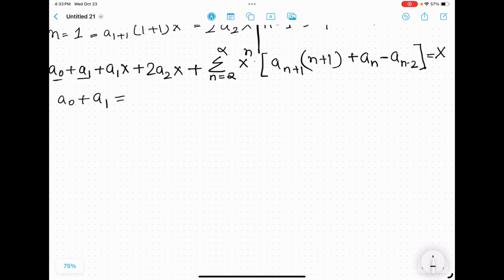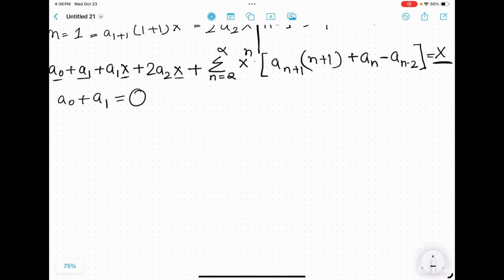Now we are going to look at our right side and see if there's any constant, because we know that a constant means there's no x attached. And I can see there are no constants, no coefficient with x to the power 0. So that means a sub 0 plus a sub 1 is actually 0.